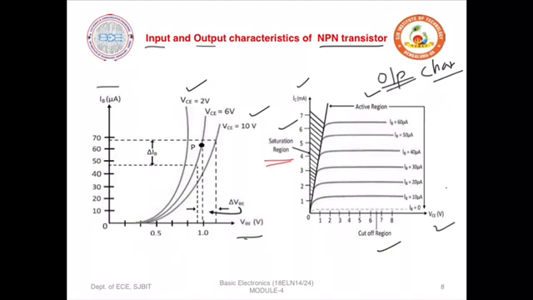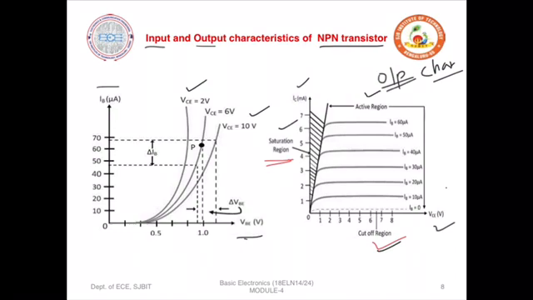This region is on the left of this characteristic diagram. In this region, the collector current rises exponentially to the value that is set, and then it saturates at a fixed value. It is maintaining a constant value. That is why it is called a saturation region. One more region we call the cutoff region.